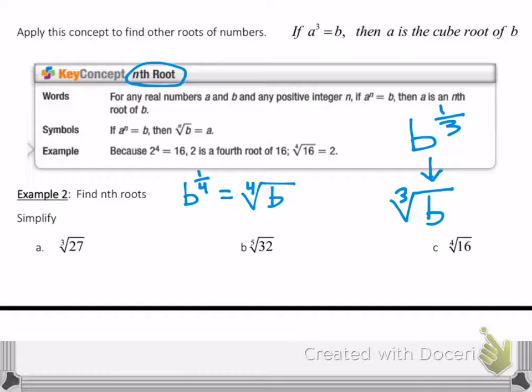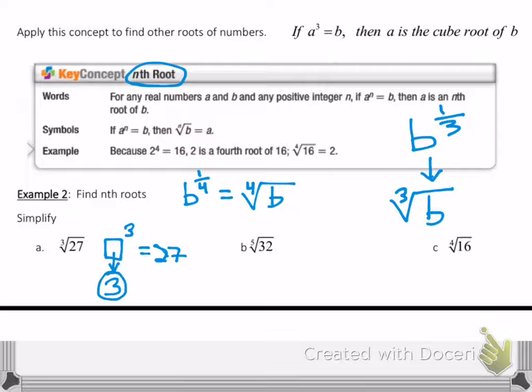In the same way, b to the 1/4 power is the same thing as the 4th root of b. And so for letter A in this second example, we have the cube root of 27. Now you have to think about, okay, there's some number raised to the 3rd power that's equal to 27. And that number happens to be 3. So 3 times 3 is 9, times another 3 is 27.